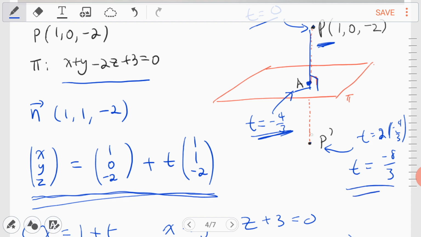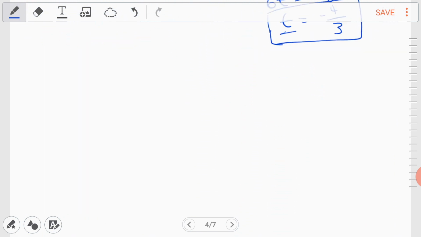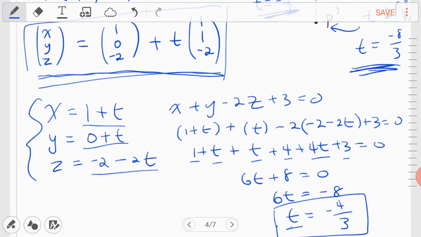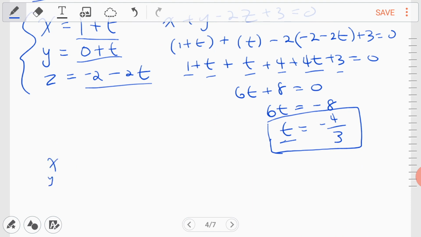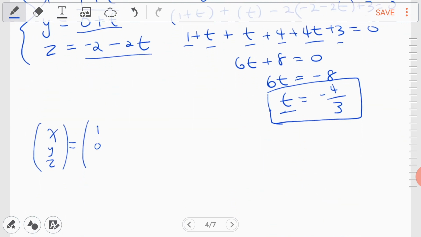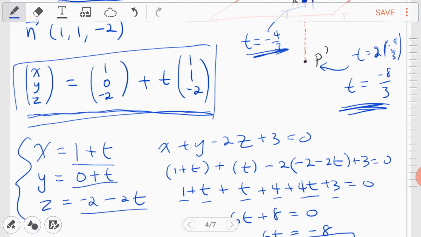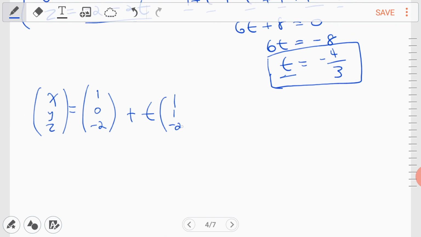Now we just have to find the coordinates of point P', and we do this by plugging t equals -8/3 back into the equation over here. We have (x, y, z) is equal to (1, 0, -2) plus t times (1, 1, -2).